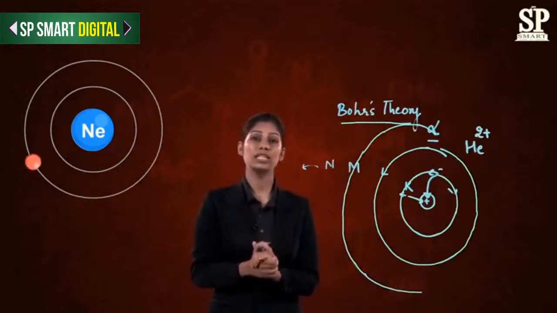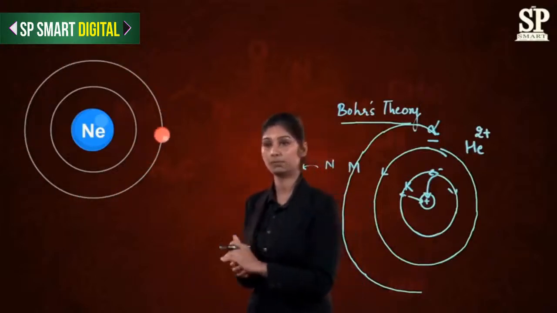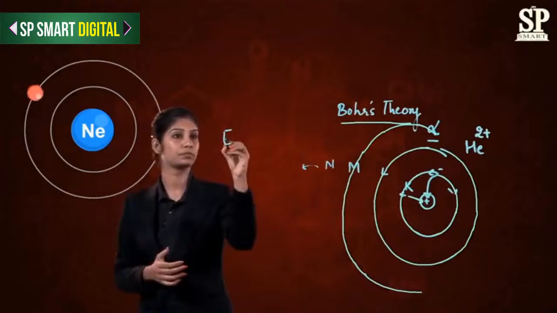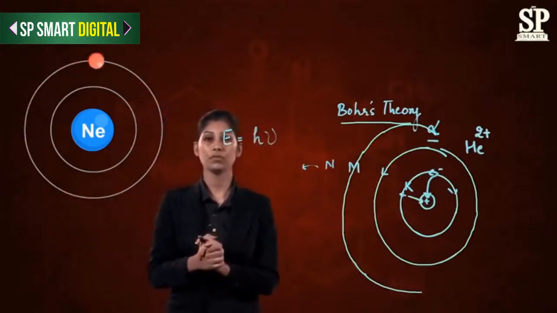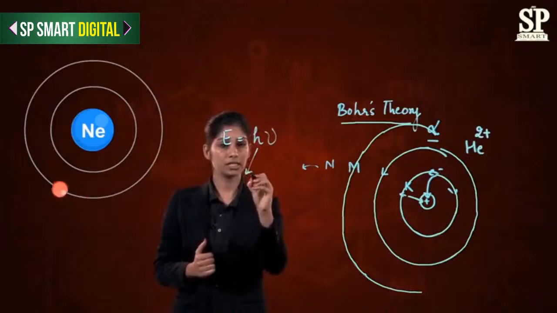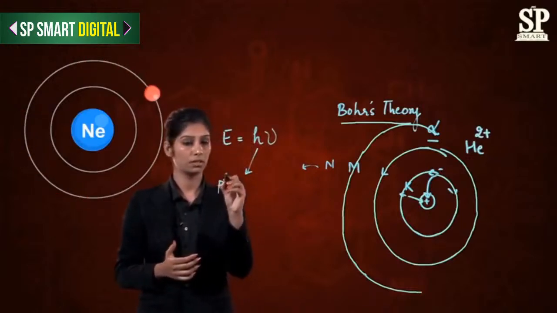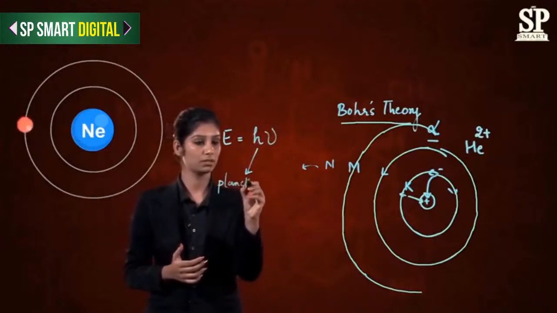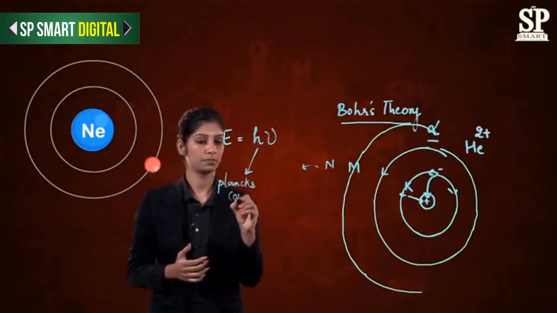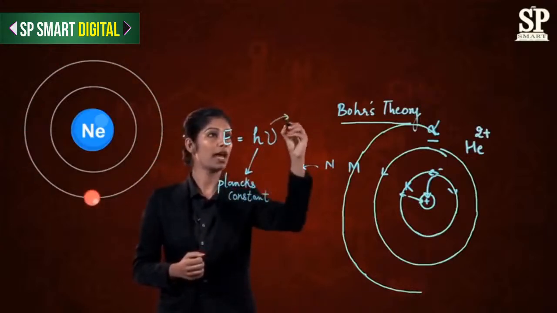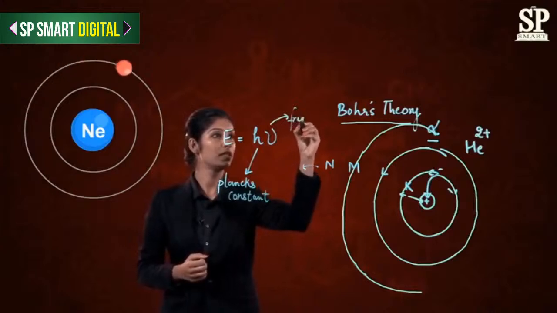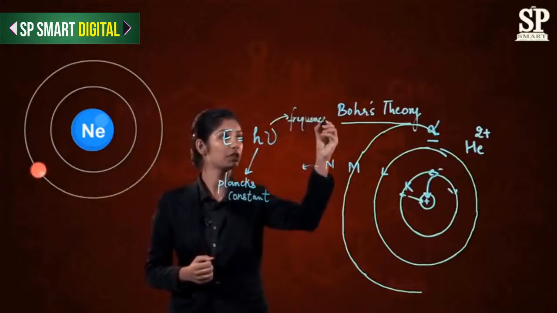Now this energy is given by an equation which is here. This constant is called Planck's constant, and this is the frequency of the radiations emitted.